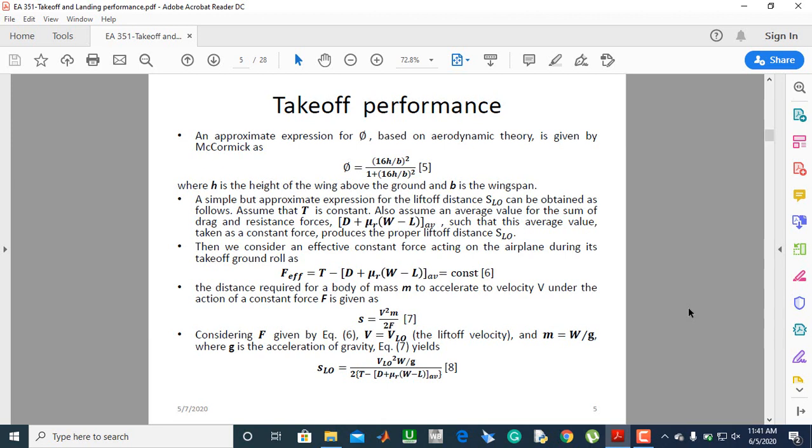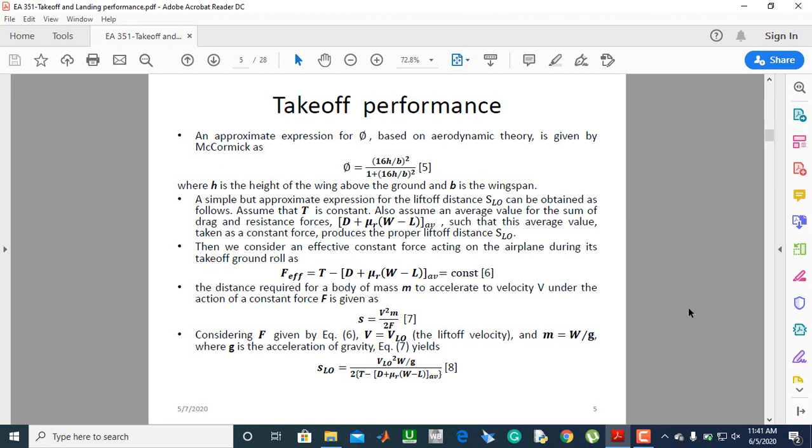So if you substitute equation 6 into equation 7, where there is m, the mass, you substitute it by weight divided by the gravitational acceleration, then you get equation 8. And here the subscript LO is the lift off distance.